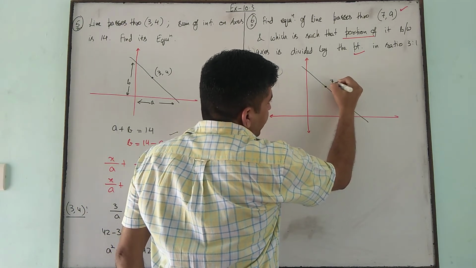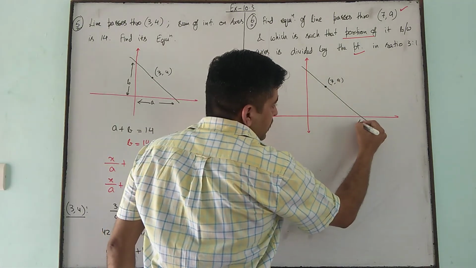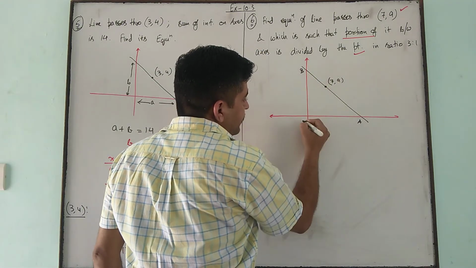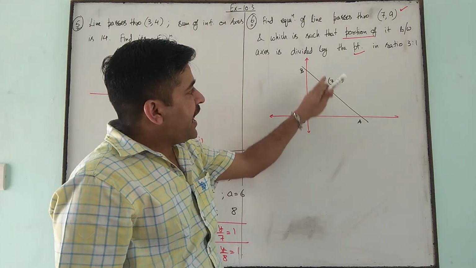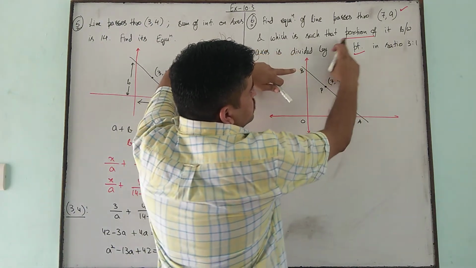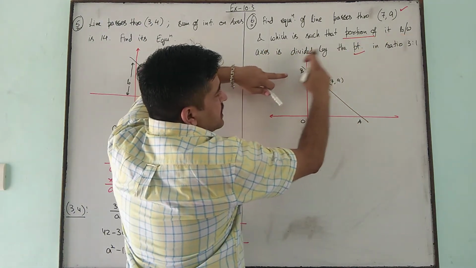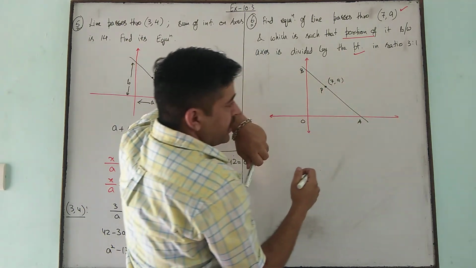Let us say this is the point (7, 9). The line is AB, this point is P, and this portion AB between the axes is divided by this point P in the ratio 3:1.